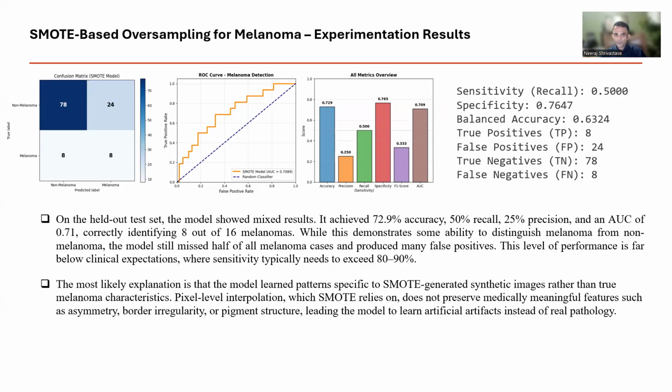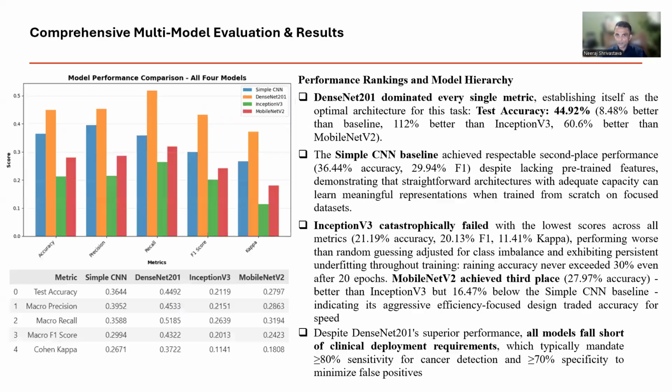This level of performance is far below clinical expectation, where sensitivity typically needs to exceed 80 to 90%. The most likely explanation is that SMOTE relies basically on pixel-level interpolation and does not preserve medically meaningful features such as asymmetry, border irregularity, and pigment structure, which is very important.